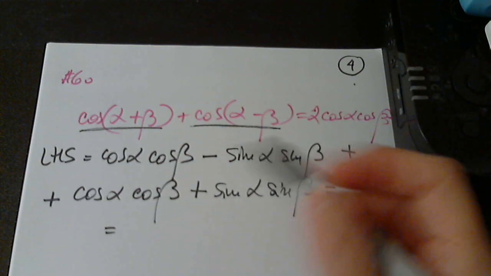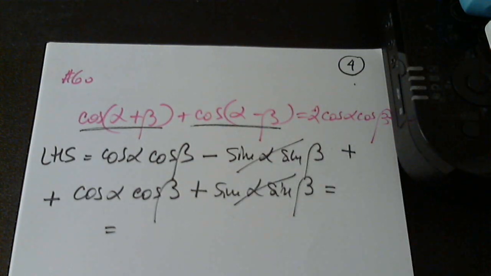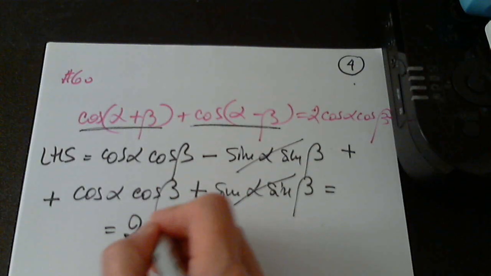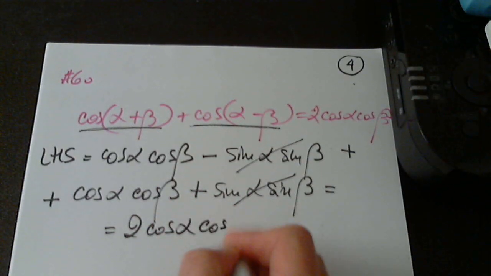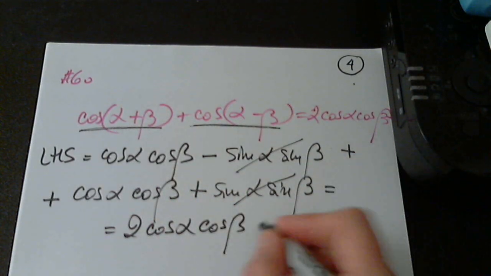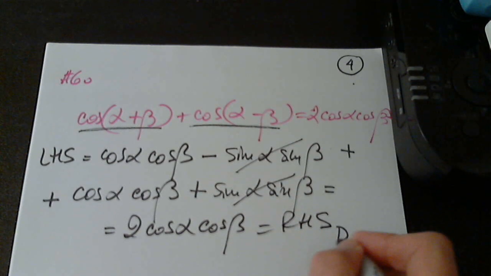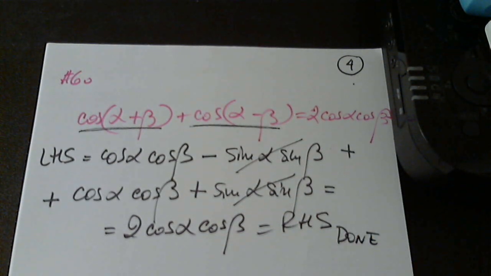You would simplify? Yes. So these two go away. And then I only have 2 cosine alpha cosine beta, which is nothing else but the right-hand side. So it's done. Very straightforward. No tricks at all.